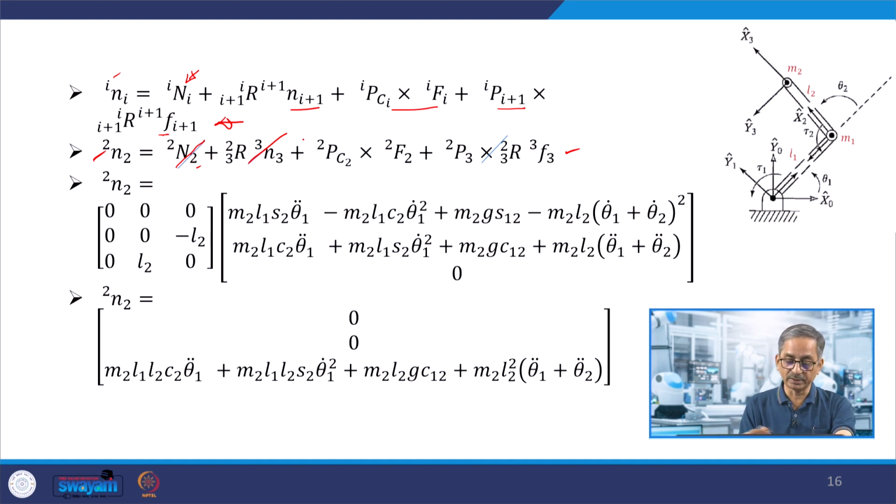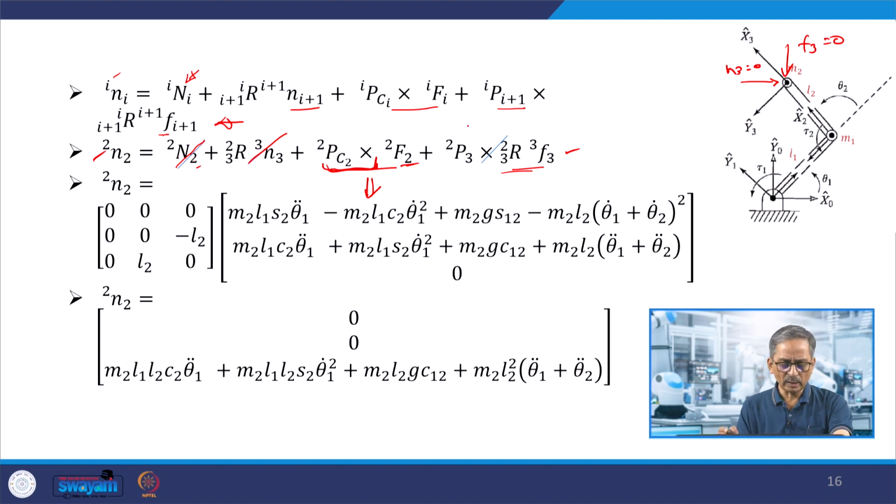So, this is 0. Now what am I left with? I am left with this term. This p_C2 cross I am writing as a skew symmetric matrix, and this f2 is this one which I am substituting here. Again this term is going to be 0 because no force is acting here. So, f3 is 0 and similarly n3 is 0.